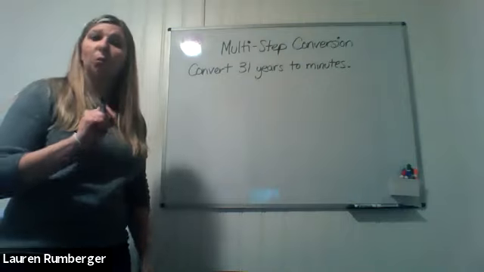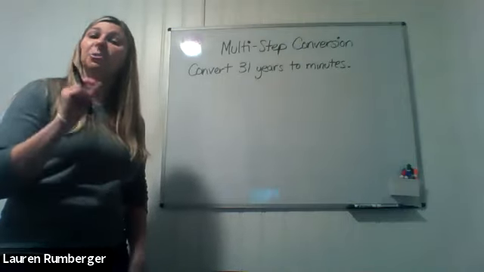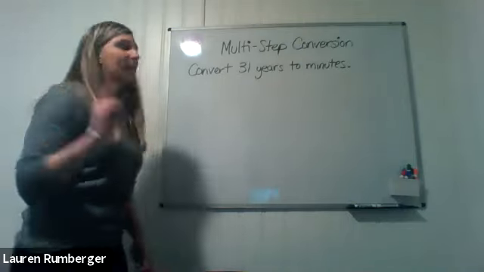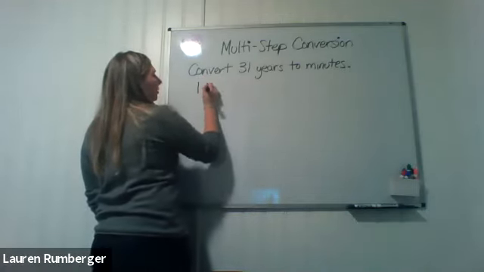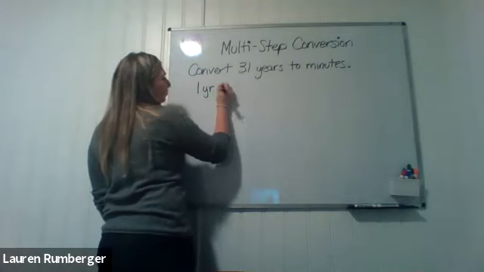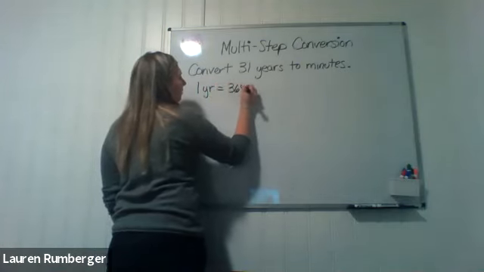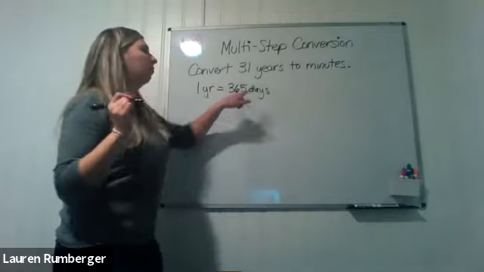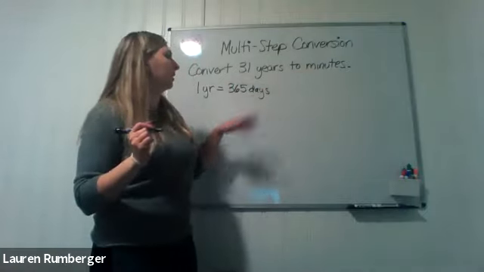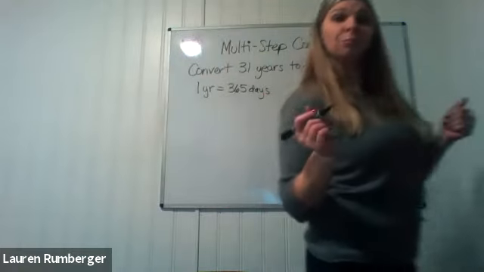What do we know? We know that there is 365 days in 1 year. Okay, so we're going to take the fact that 1 year is equal to 365 days. Now if we want to get to minutes, let's think about what else do we know?